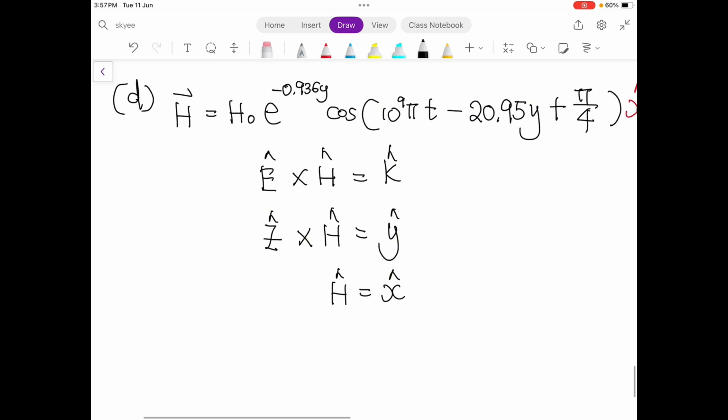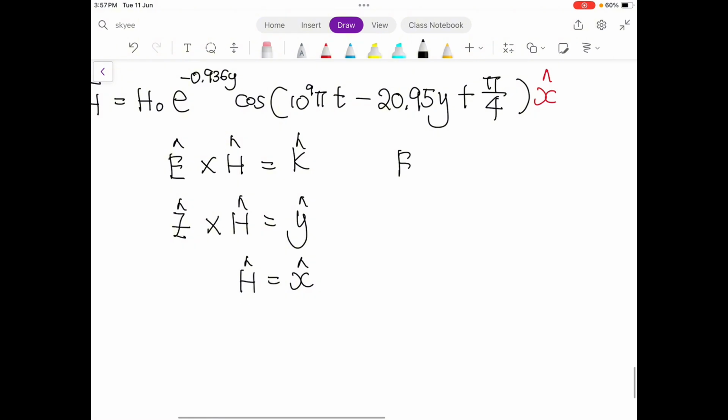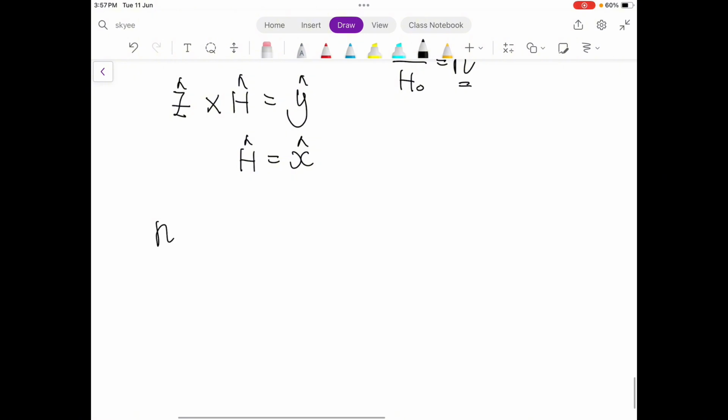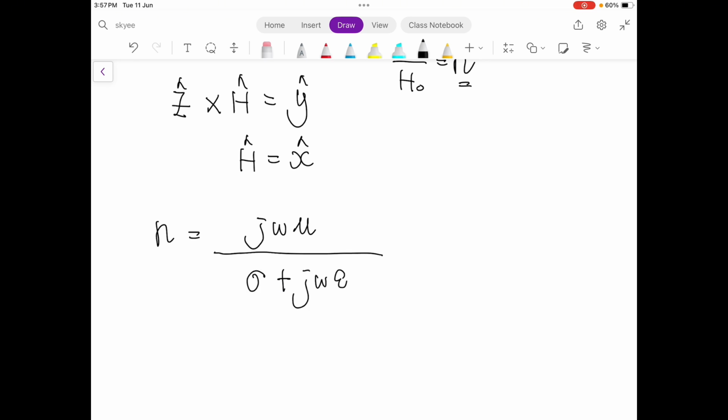Next is about the amplitude. For the amplitude, we have to use this relationship, meaning that we need to find the eta, the intrinsic impedance. The intrinsic impedance is the square root of j omega mu divided by conductivity plus j omega epsilon.